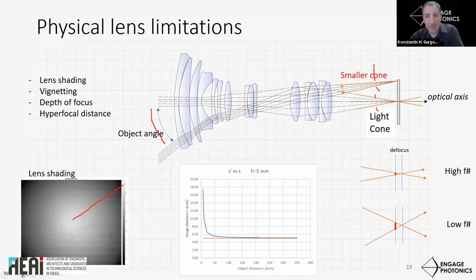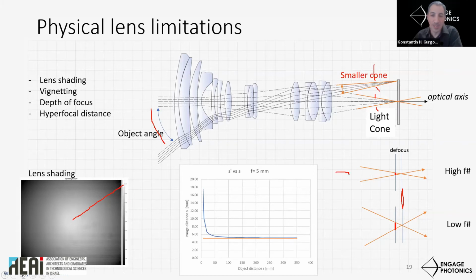A lens with low f number collects more light and can have higher aberrations. However, it also has lower depth of focus, since the blur spot is much higher for a defocused image sensor. So this represents the position of the image sensor for two imagers.